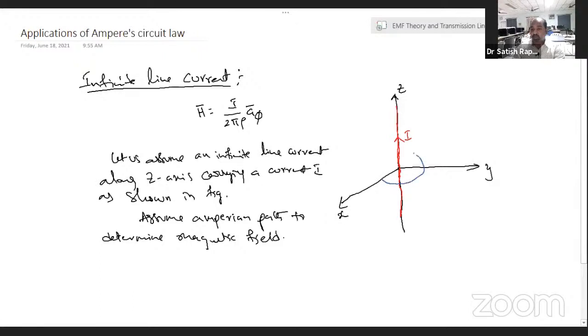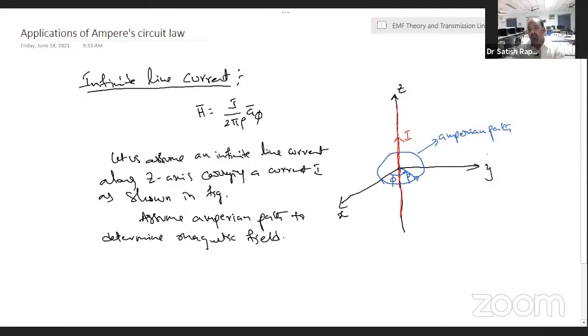This is an Amperian closed loop, a circular loop whose radius is rho, and it is moving in the phi direction. So this is the Amperian path.